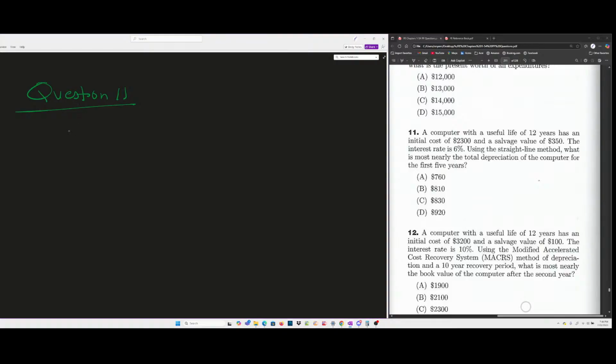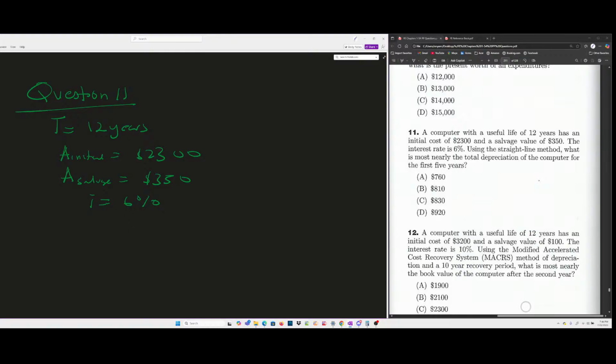We have a computer with a useful life, so the lifespan is 12 years. It has an initial cost of 2300, a salvage value of 350. The interest rate is 6%. Using the straight line method, what is most nearly the total depreciation of the computer?